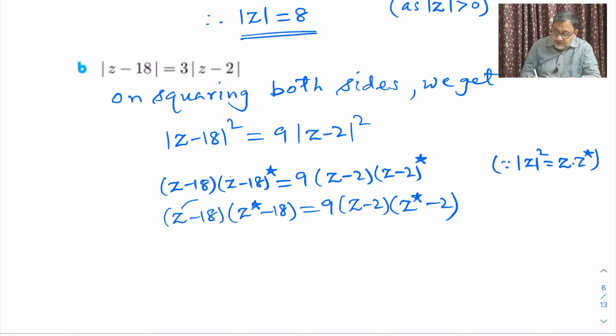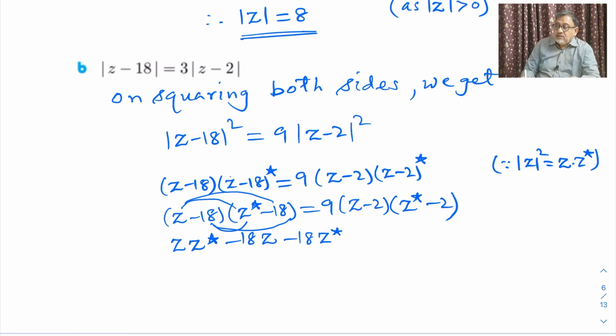Now I will multiply it out. So z into z conjugate, then z into minus 18 will be minus 18z, then minus 18 into z conjugate is minus 18 z conjugate, and minus 18 into minus 18 will be 18 square, which will be 324.